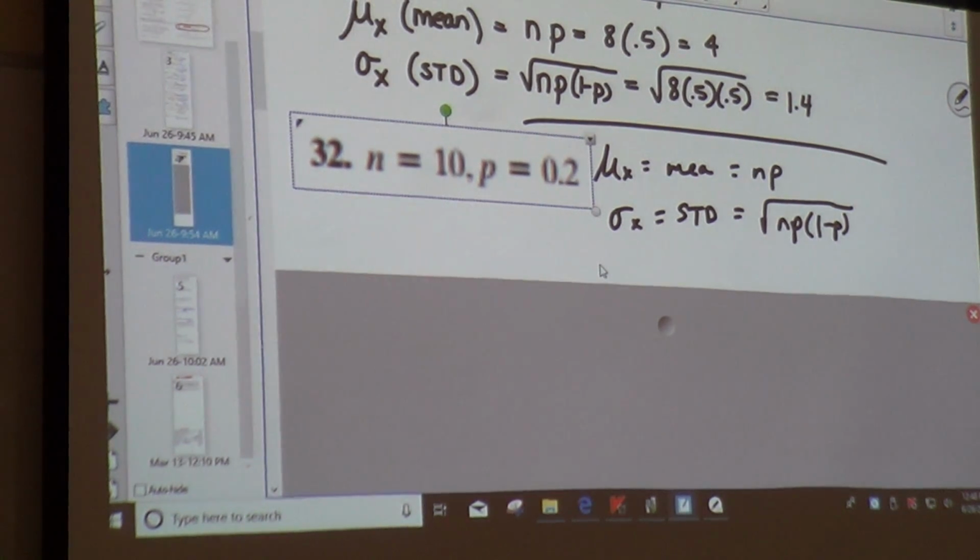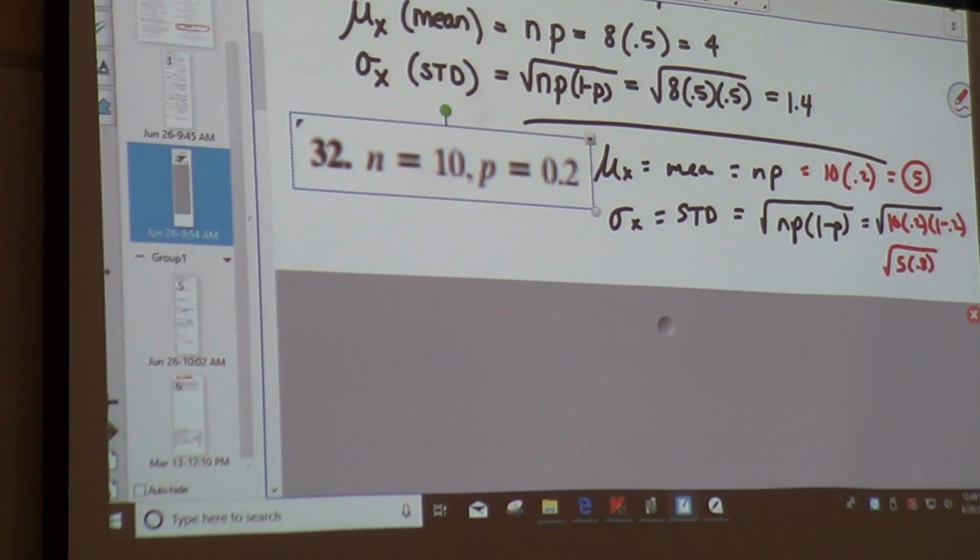All right, so my n times p is going to be 10 times 0.2, which is 2. That's going to be my mean. Now my standard deviation, I can do 10 times 0.2 times 1 minus 0.2, or I can say 2 times 0.8 and do the square root of that.